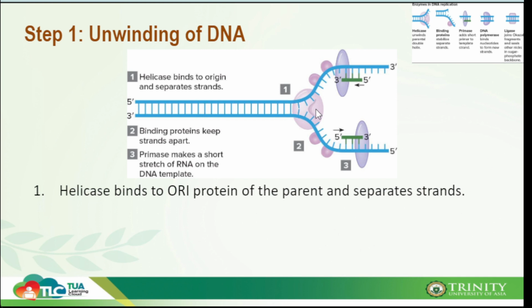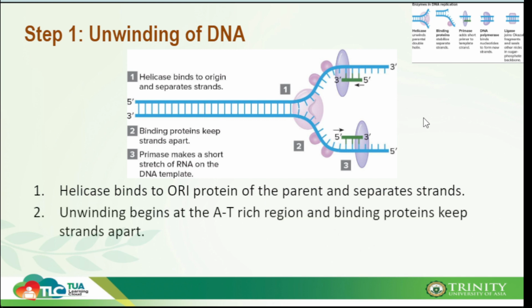Ba siya yung nag-unzip doon sa DNA double helix natin. So it will first bind to the ori protein, which stands for the origin protein, and it will begin to separate the strands. Okay?